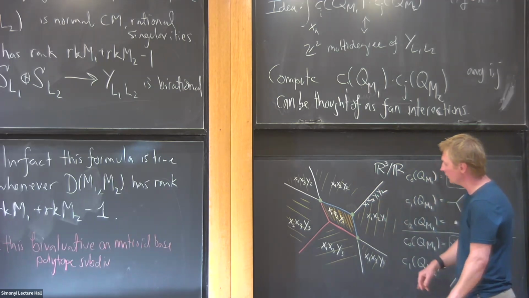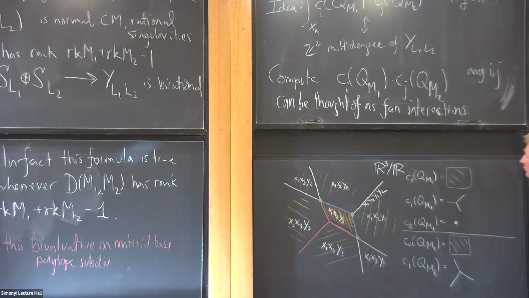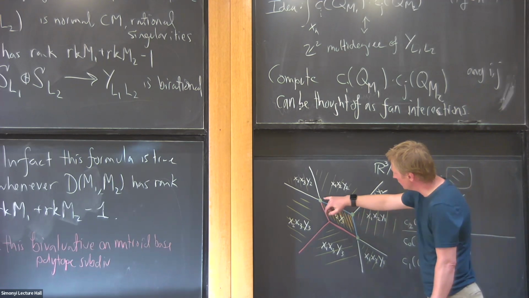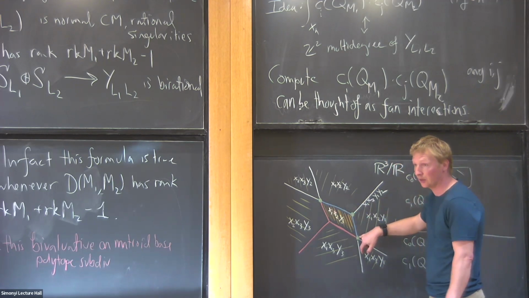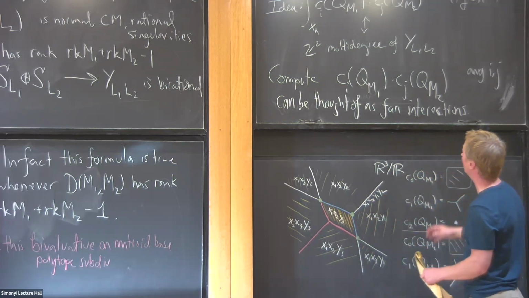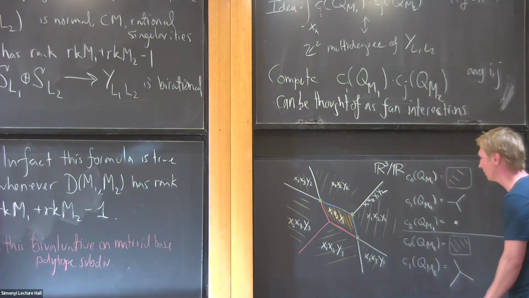And so the zero dimensional intersections correspond to the actual top degree intersections of my Chern classes. These correspond to the facets of the Stanley-Reisner complex, delta of M1, M2.